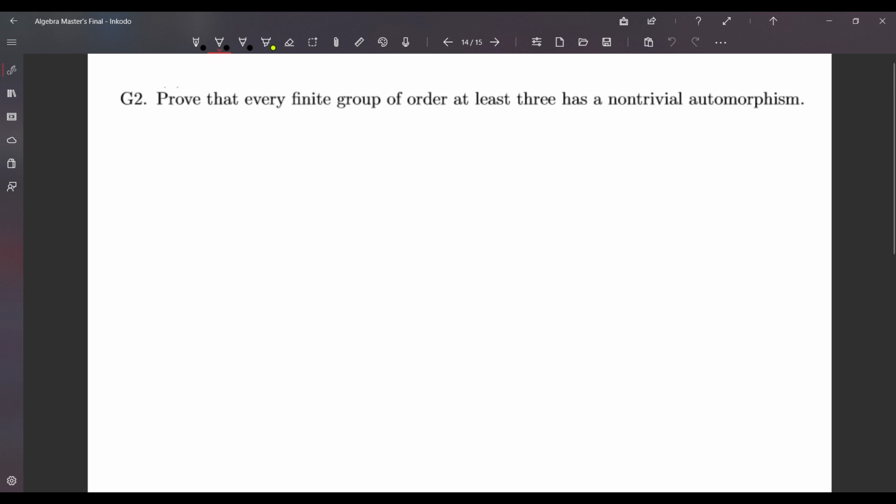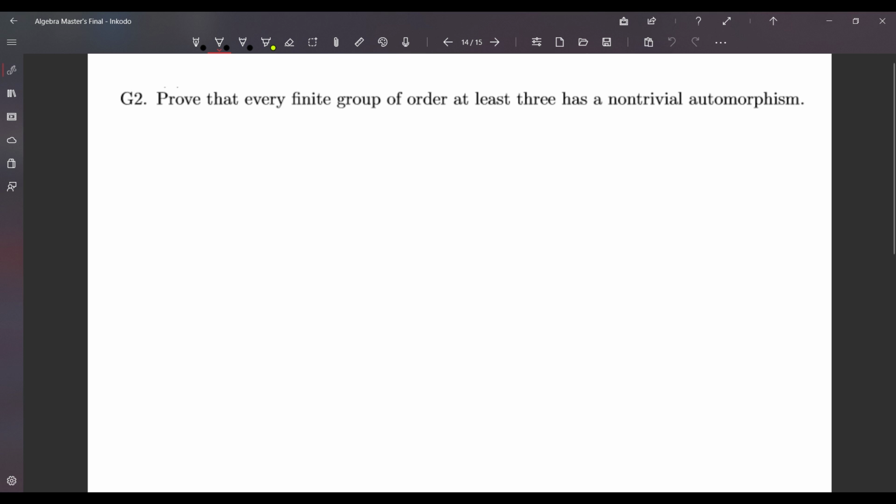Our next problem is going to be proving that every finite group of order at least 3 has a non-trivial automorphism. And this seems like a simple, I mean, obviously it's one line, right? So this seems like something simple to prove. It also seems like something very important to know, right?